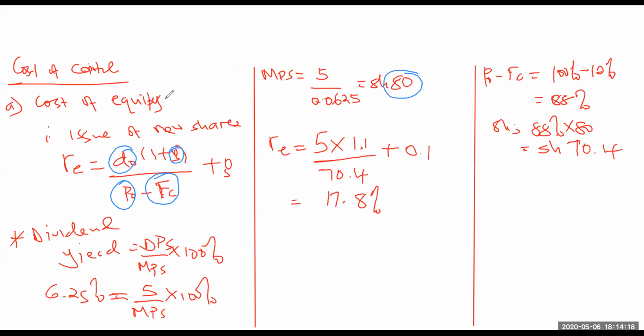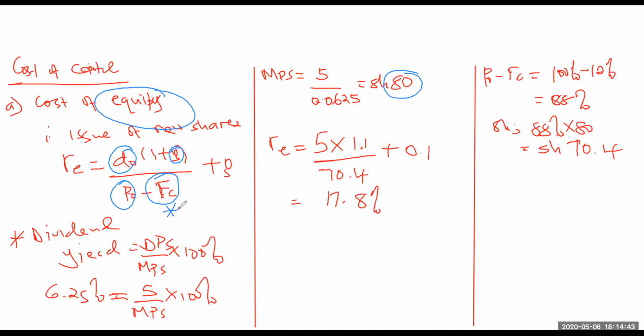However, this company does not incur any flotation costs because we are not going to issue shares. It's not like you're issuing shares in the market. We are simply taking the money from the company account. This is the company's previous earnings, so there's no cost the company is incurring from its issuance.